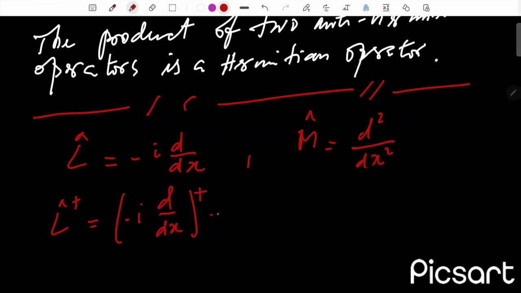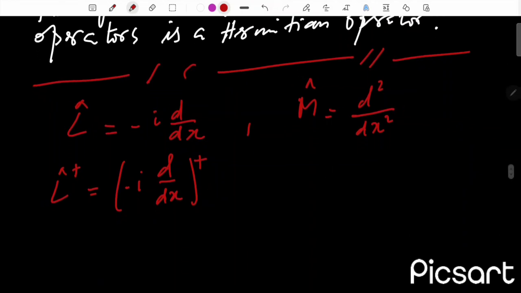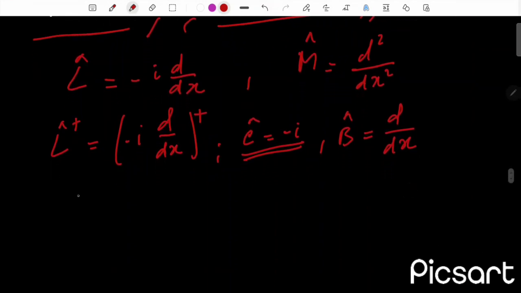We can consider, for example, that C is equal to minus i, which is a constant, a complex number, and then we can consider also that B is equal to d over dx, so that if L is equal to C times B, then L dagger will be equal to B dagger times C dagger, as we showed in the previous video and also in this video.